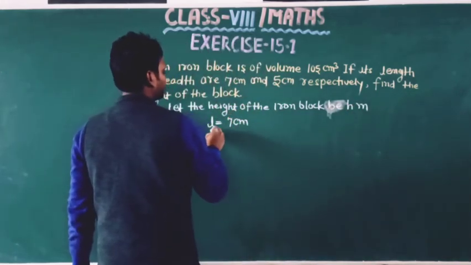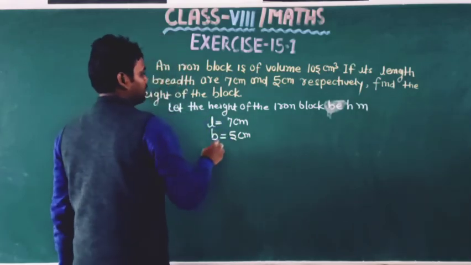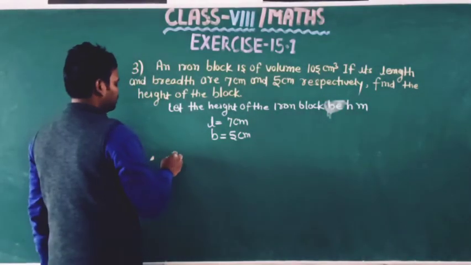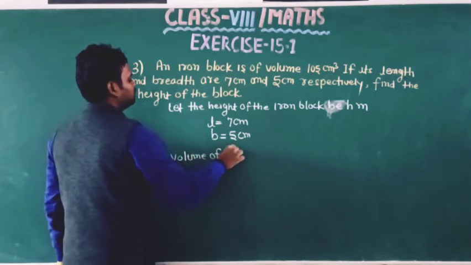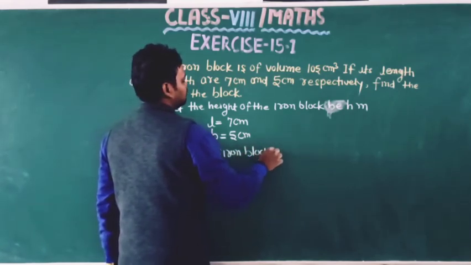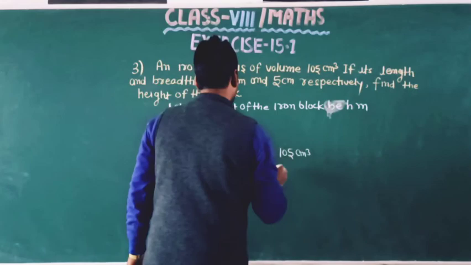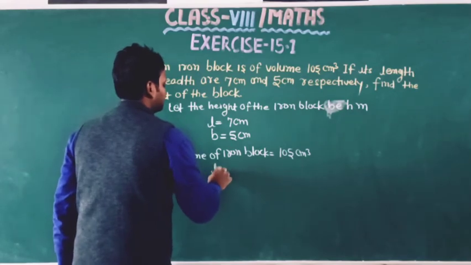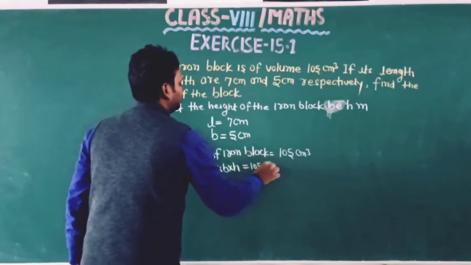So the volume of the iron block, which is given as 105 centimeter cube, is length into breadth into height, equal to 105 centimeter cube.